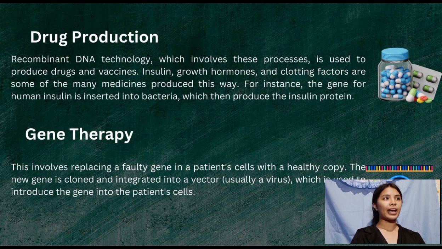This protein can then be harvested, purified, and used as a medicine. This technology has been used to produce a variety of drugs, including insulin, growth hormones, clotting factors, and more. It has also been crucial especially for the production of vaccines, at times in the pandemic when vaccines were very much needed.